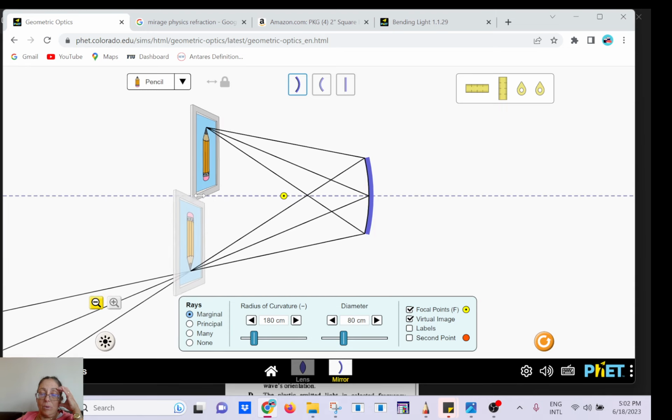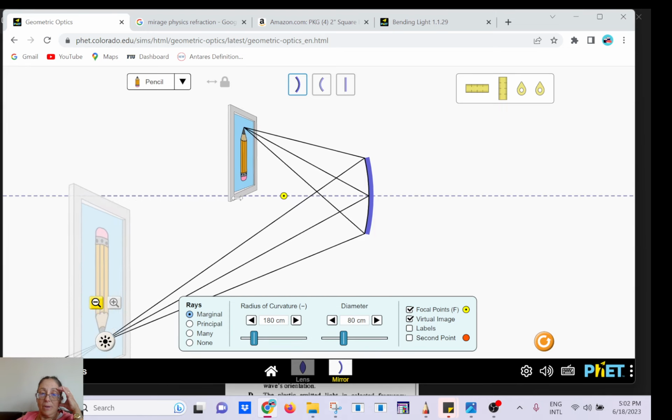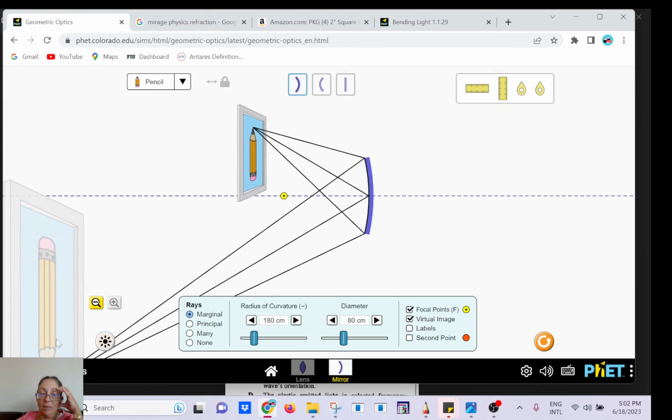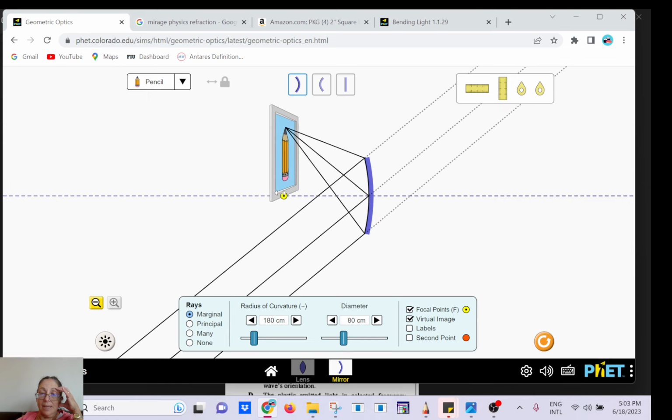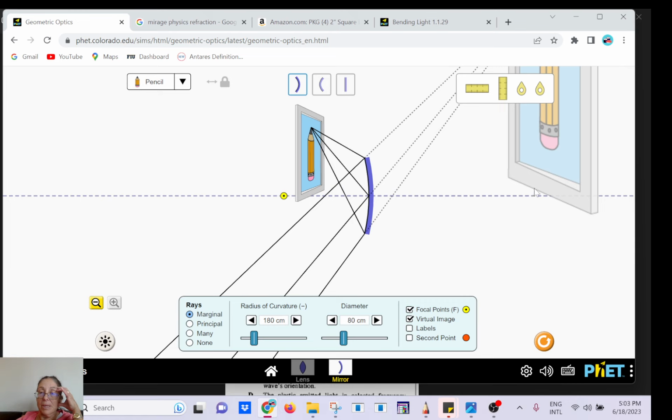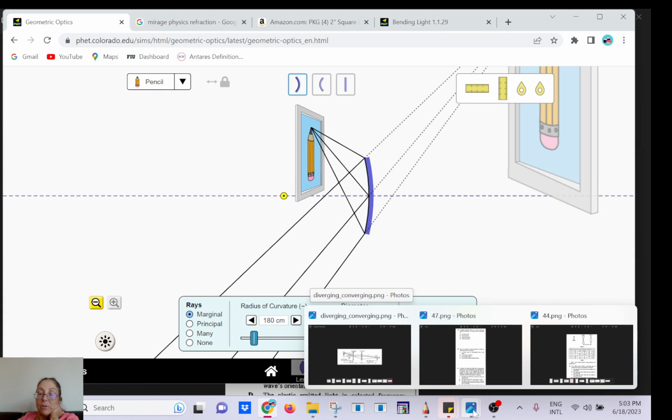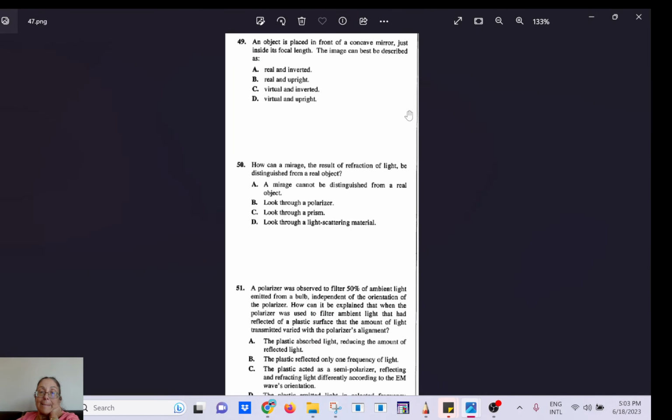If you make it go closer to the focal point, you get something larger. So it's enlarged, upside down, and real. And if it's inside the focal length, you get something which is upright, virtual, and enlarged. The image is beyond the mirror, a virtual image. So the answer is virtual and upright.